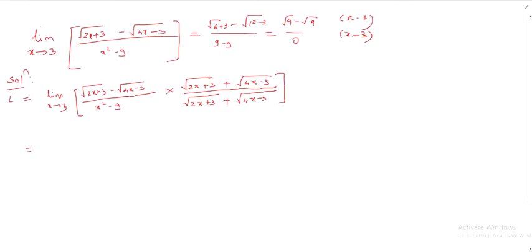Therefore is equal to limit x tends to 3 here. If we look at the numerator, there are the same terms with opposite sign. Only the sign between the two terms gets changed, not in the square root. This is negative 1. Keep this term negative as it is.